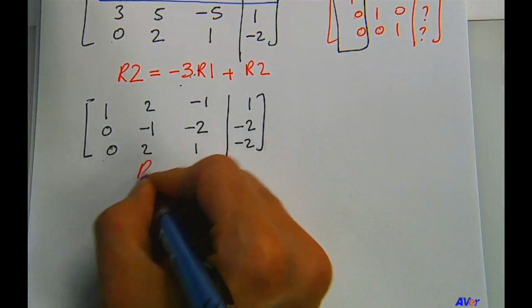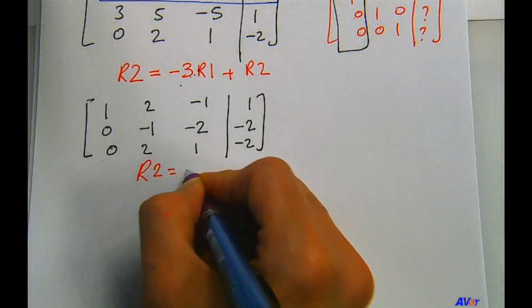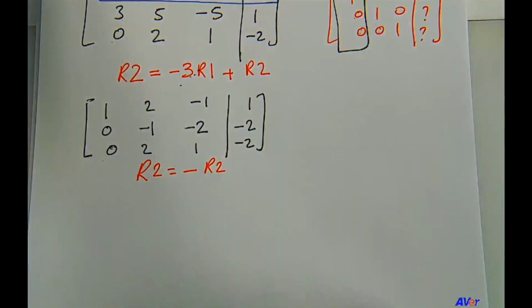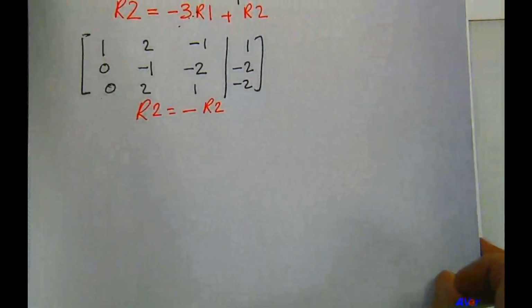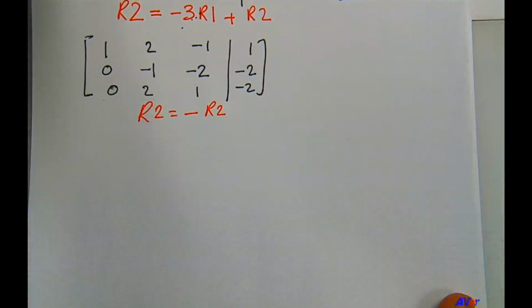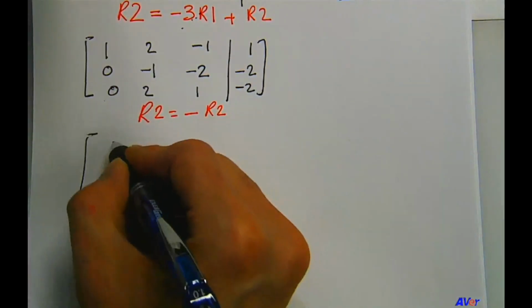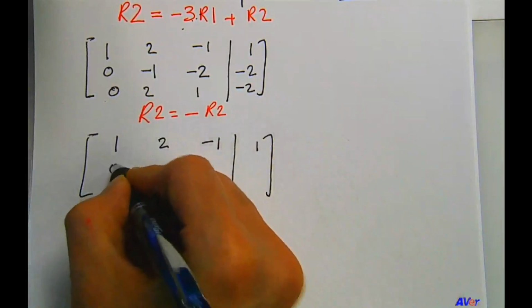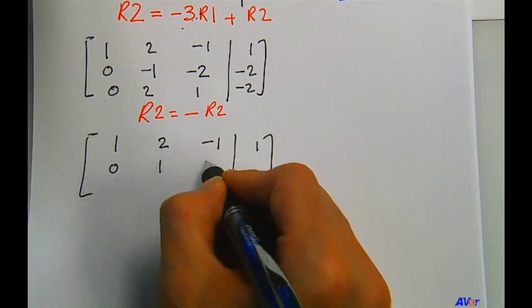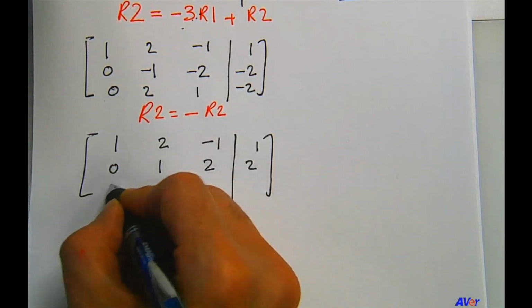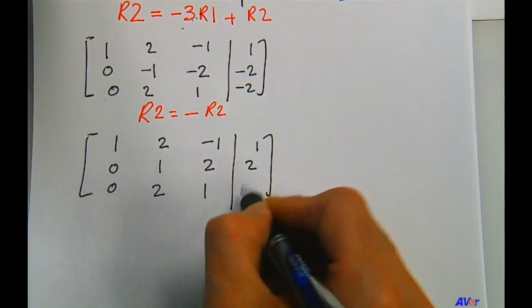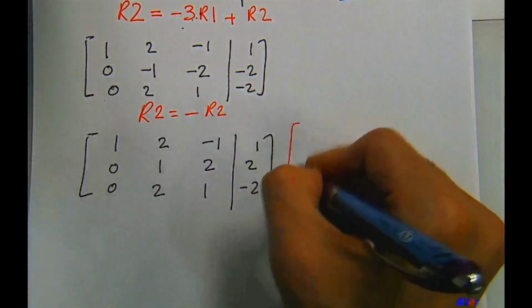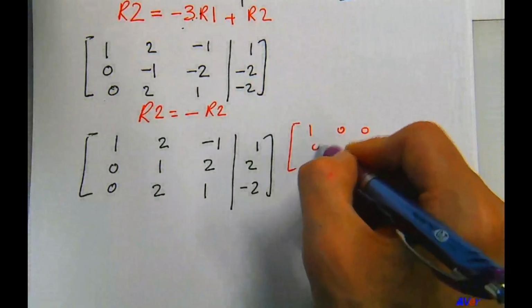Let's do that. Row 2 is equal to minus row 2.